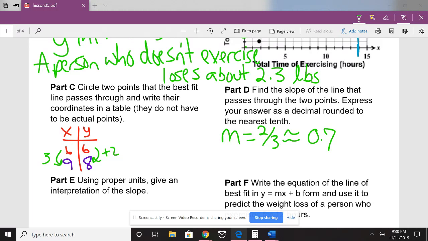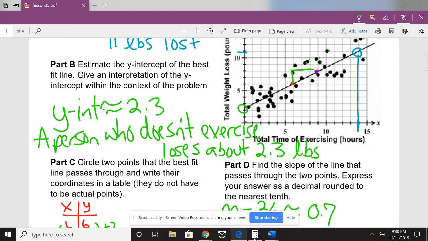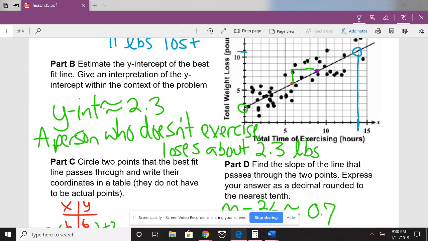Using proper units, interpret the slope. So as the time increases by 1 hour of exercising, the rise of our line of best fit is going to increase by 0.7.